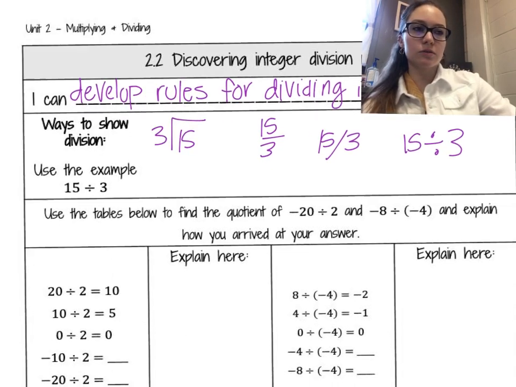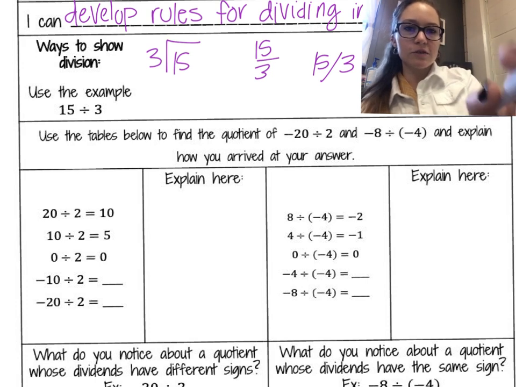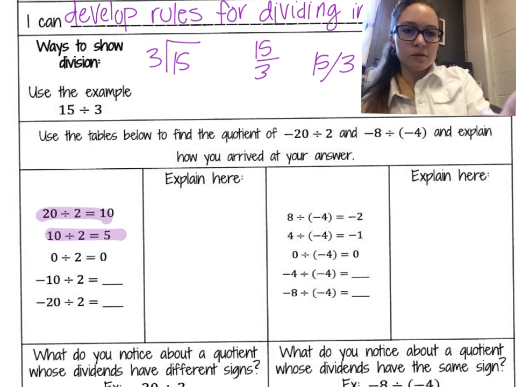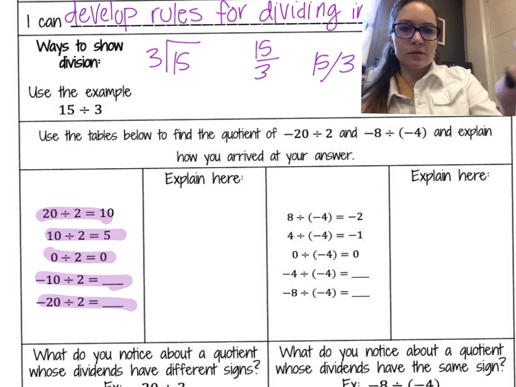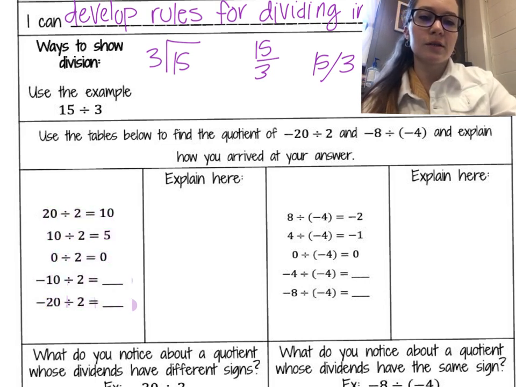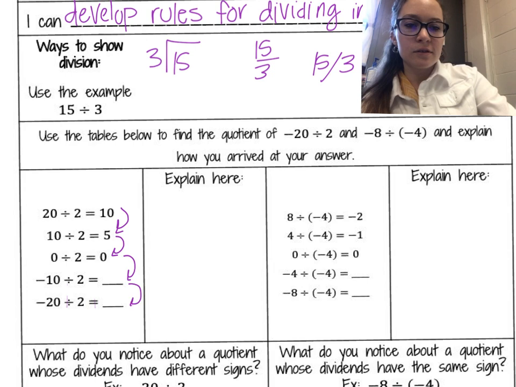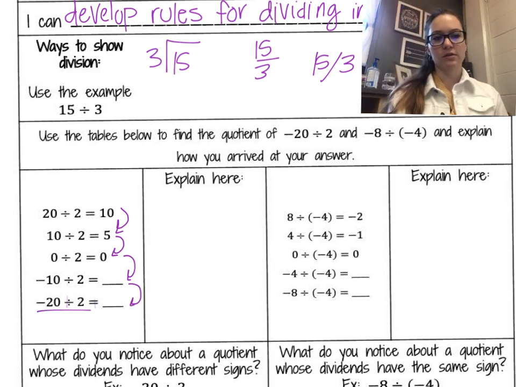Okay? So we're going to use the tables. Here it shows us some division problems and the outcomes. But we are going to find the pattern and then continue that pattern to find what negative 20 divided by 2 is.